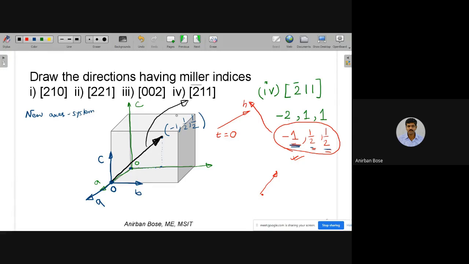We can represent it within the cell. So this is the way we can solve this kind of problem. I think up to this much it's clear to everyone. If you have any query, you can definitely ask me, no problem.